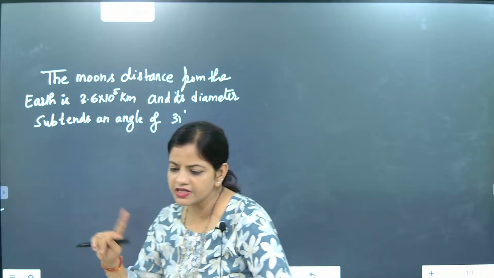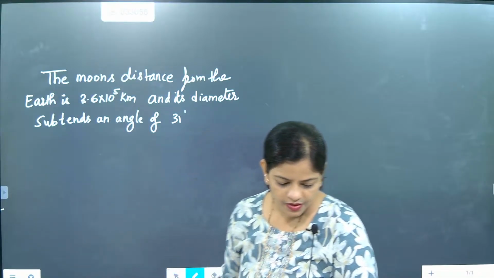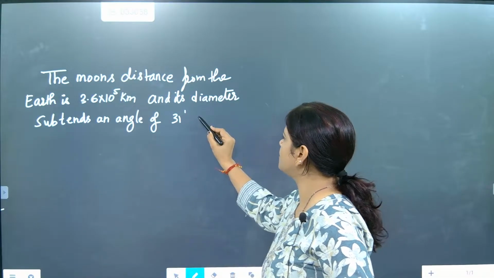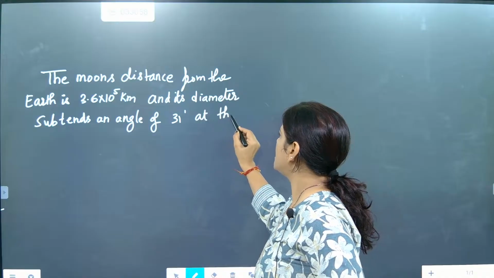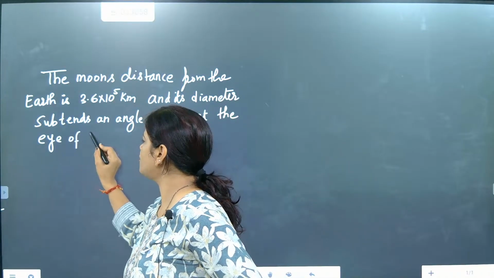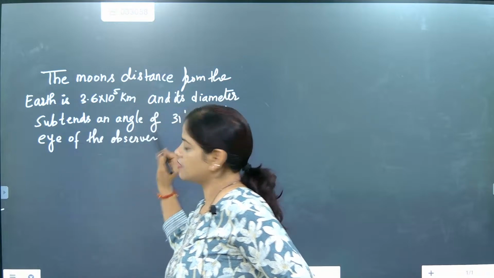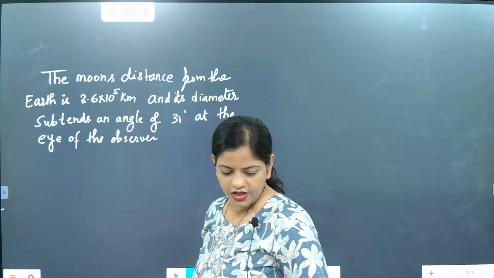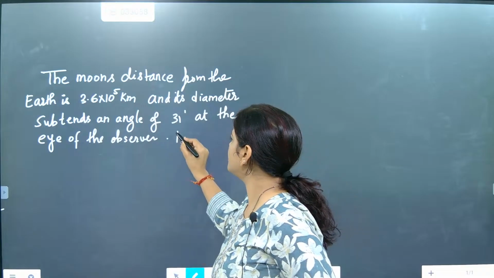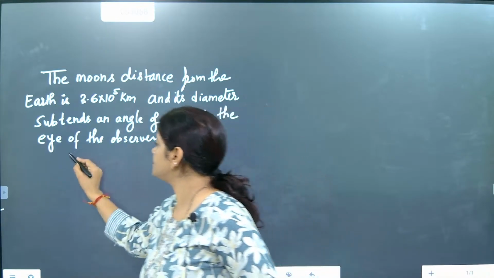Okay, its diameter is subtending what angle, beta? 31 minutes at the eye of the observer. Understood? At the eye of the observer, find the diameter of the moon.